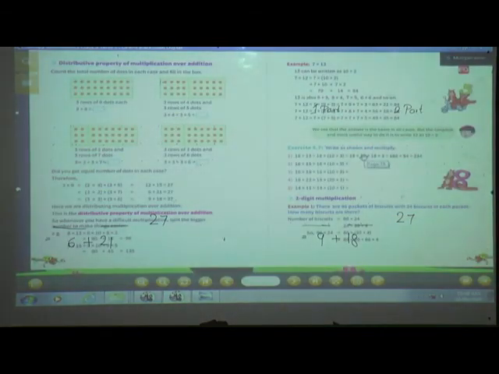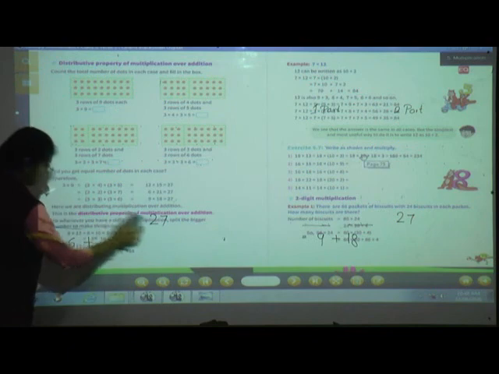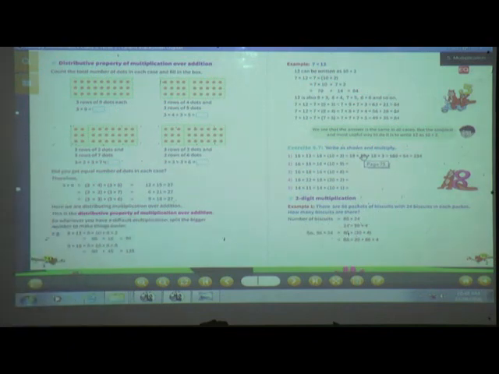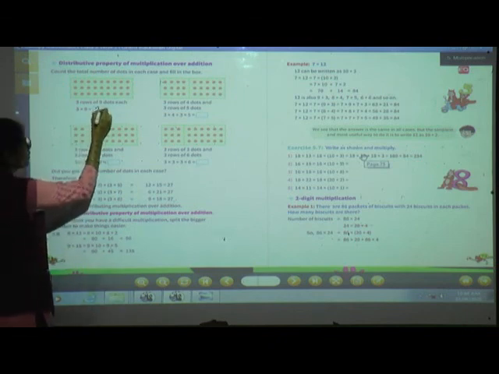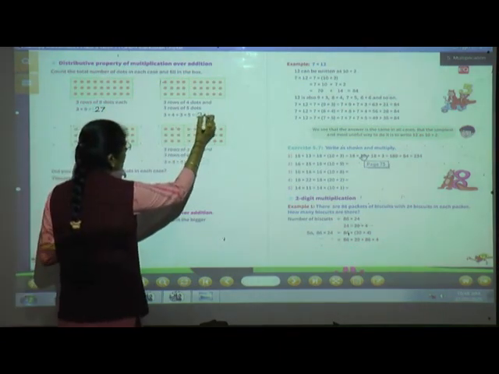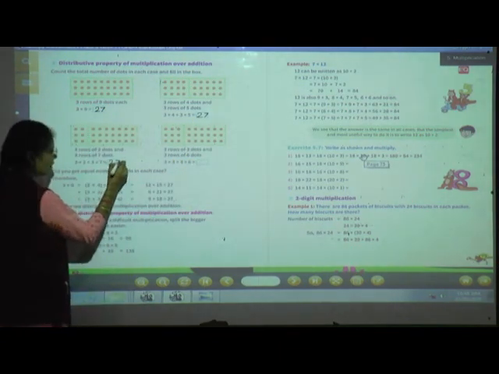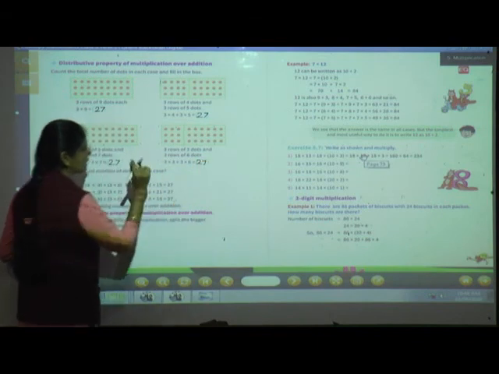Okay, so here therefore 3 into 9. 3 into 9 is equal to what? Means see here. Here also we got the 27. Here also we got the 27. Here also 27, and here also 27.